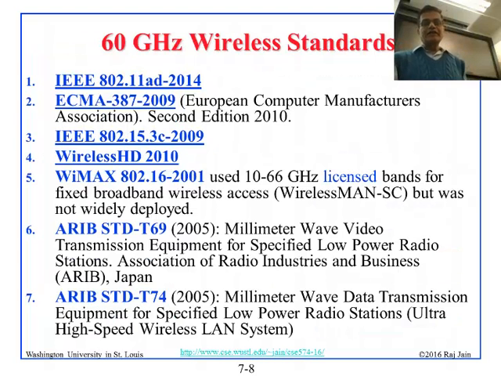So there was a lot of activity back in 2009 or 2005 onwards on this band, the 60 gigahertz band. At least 7 standards were developed. And just 2 years ago when I gave this class, I discussed 4 of these standards in the class. This year I'm going to discuss only 2.